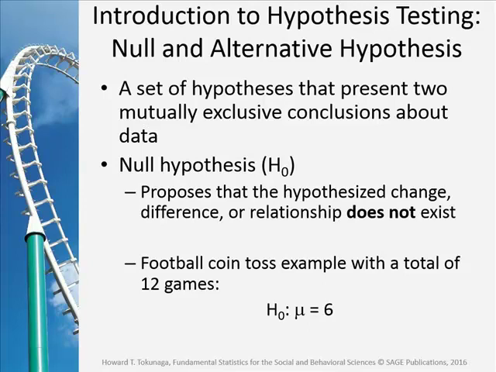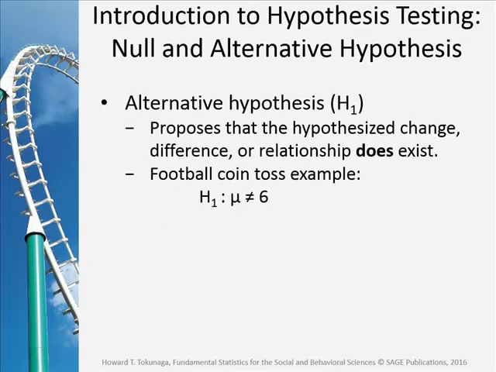This is the one that we're going to test. The alternative hypothesis is where we say that there is a relationship that exists.